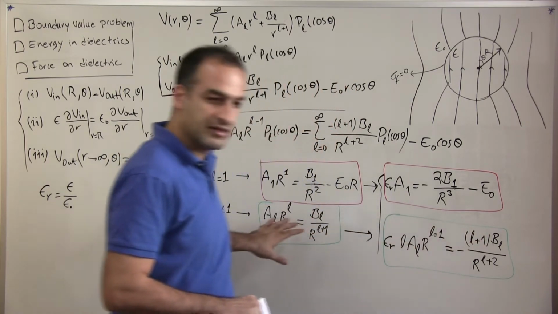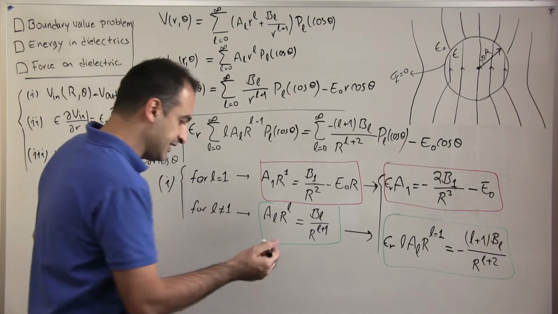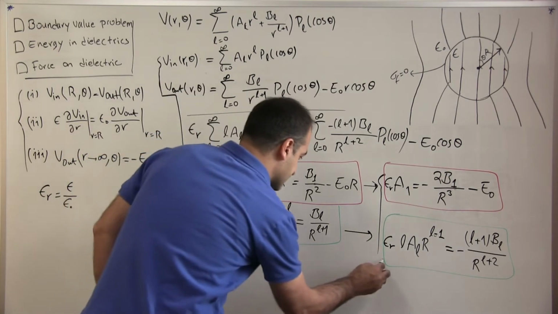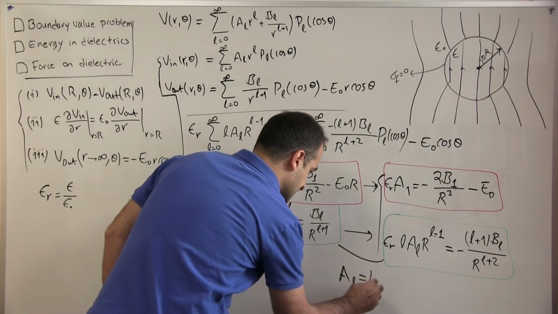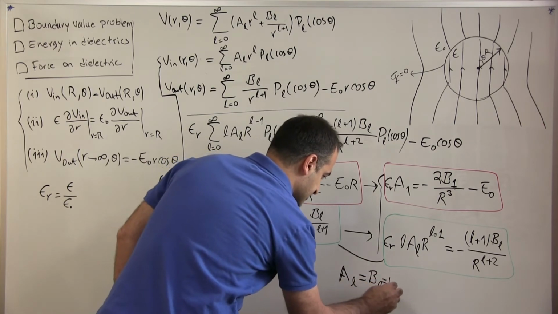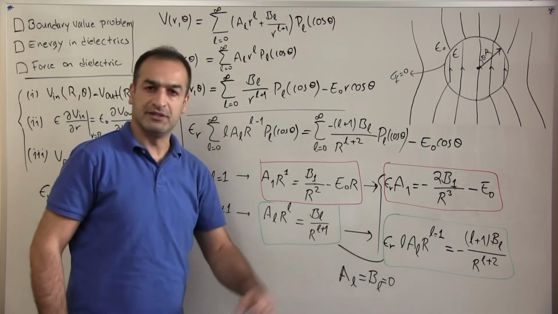There's no way you can find any solution for AL and BL except zero, so all the AL should be equal to BL, and that should be 0. That means making both sides of these equations 0.